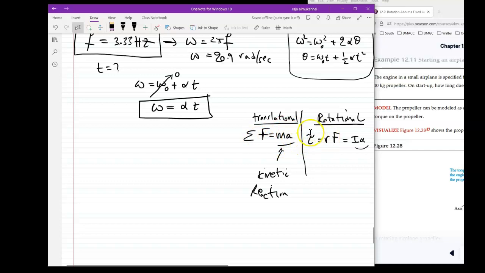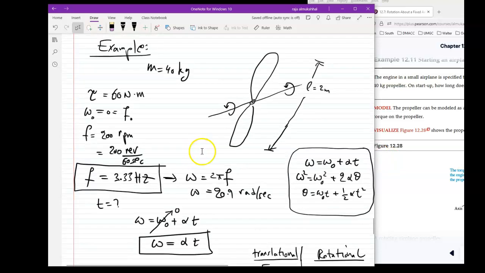Here, forces on a body, sigma tau, if you will, as a result of that, it will rotate, okay? And that rotational kinetic reaction is equal to I alpha, okay?